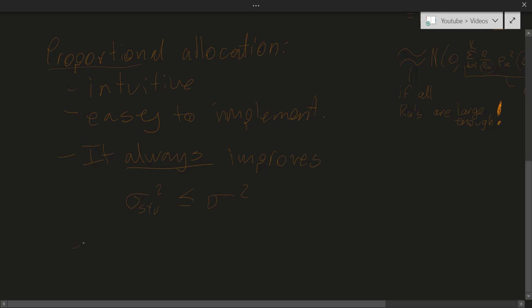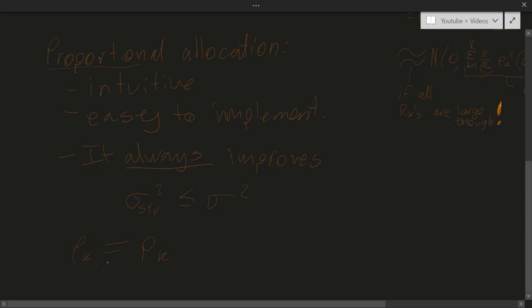Okay, now you might guess it from the name, but this proportional allocation simply means that we try to make the proportion of simulations within our strata k equal to the probability of X being in strata k.